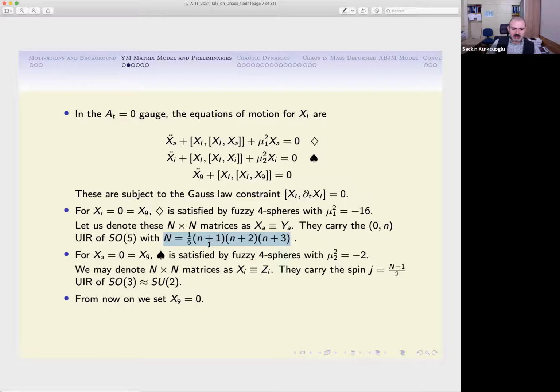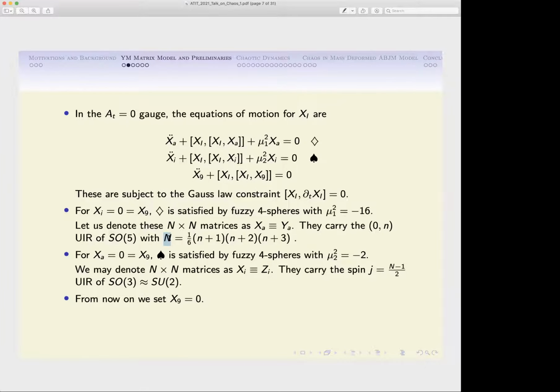So you can start with n equals 1 here. That gives you capital N equal to 4. Then n equals 2 gives capital N equal to 10, and n equals 3 will give you 20. That is the dimension of this representation, yes. So this restricts the matrix sizes.